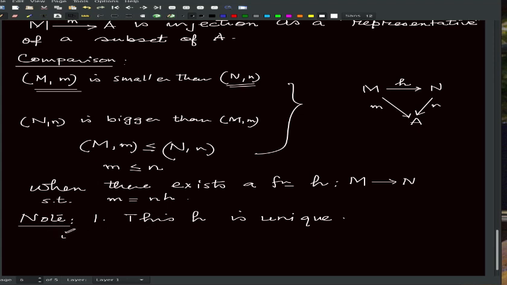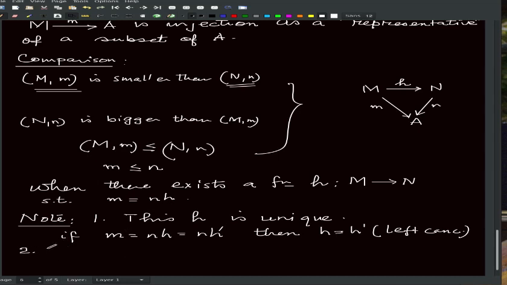So if m is equal to n h and is equal to n h prime. Now you know n is an injection, so it is cancelable from the left. Then h is equal to h prime, left cancellation. Okay? So this h is unique.